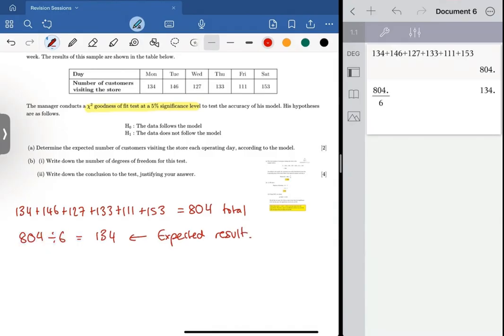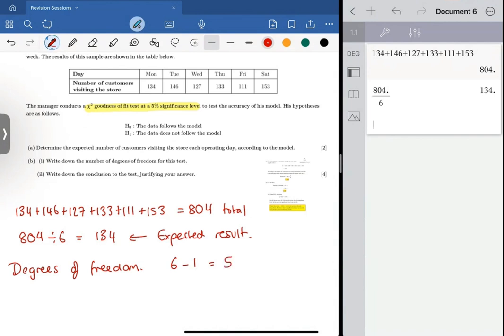Okay, so the number of degrees of freedom for this test. Degrees of freedom is always one less than the number of pieces of data that you have. So for us, we've got 6 days. So 6 minus 1 is 5. There's 5 degrees of freedom.